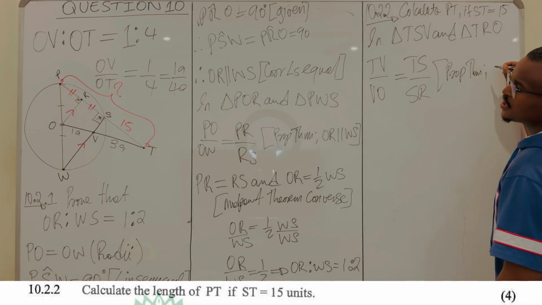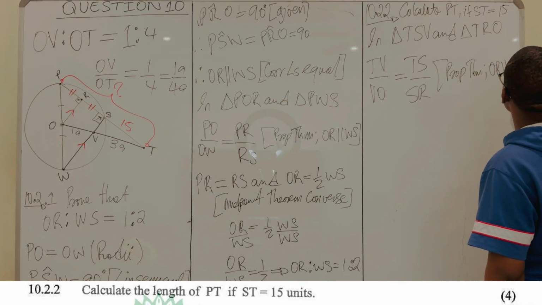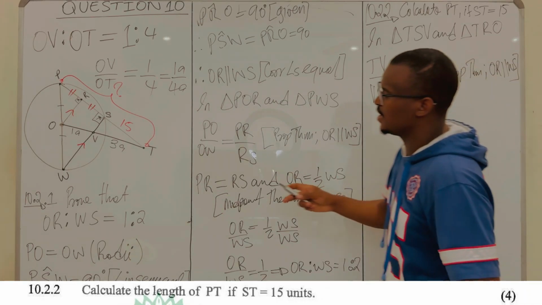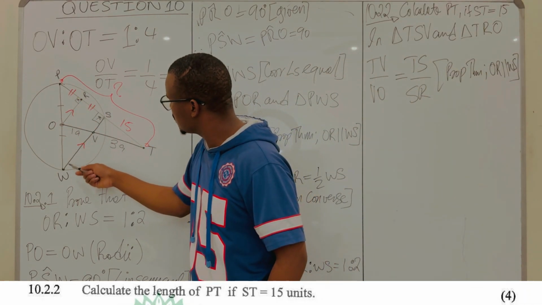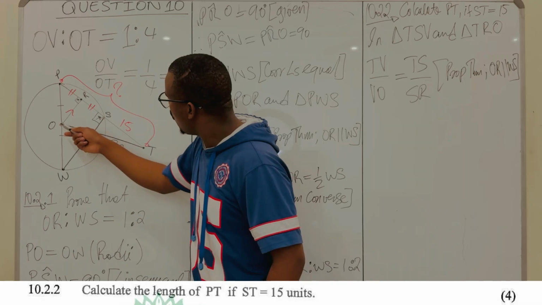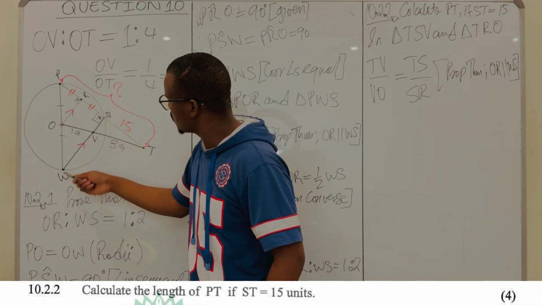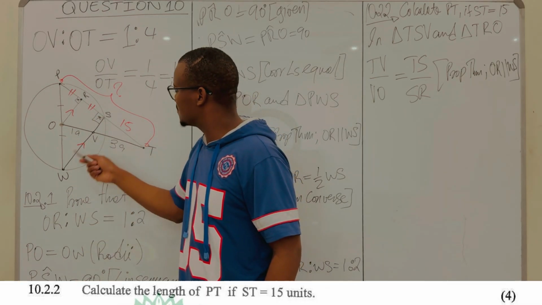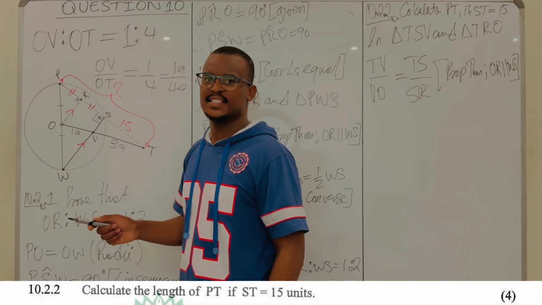Why are we applying it? It's because our OR is parallel to WS, which means your OR is also parallel to VS, because your VS is part of your WS.